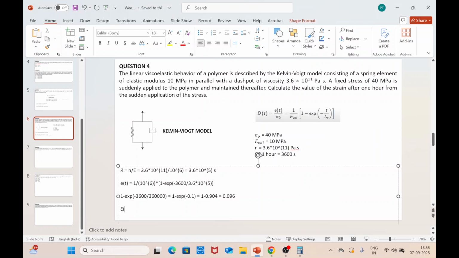Now strain is going to be the strain after 3600 seconds.